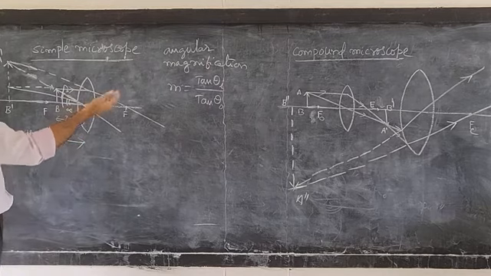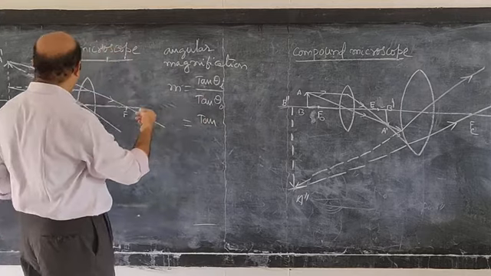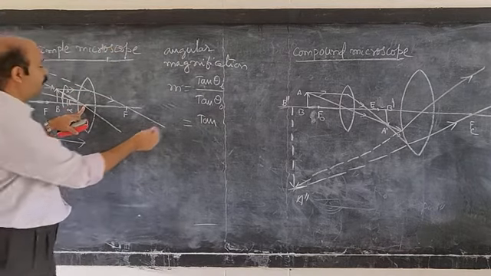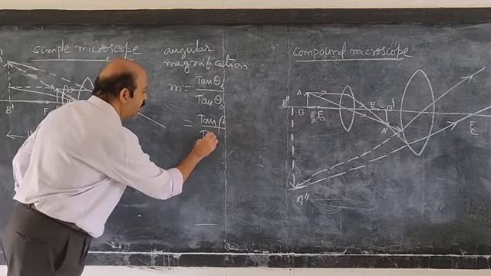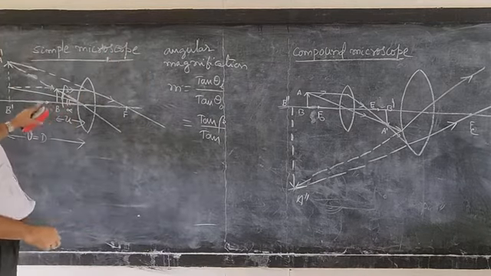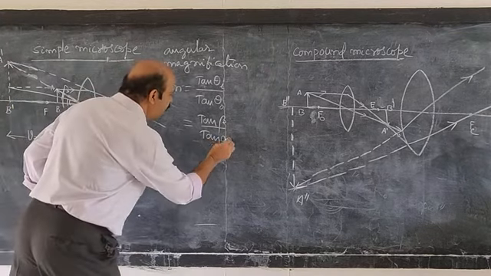So the angle made by the image at the eye is beta, therefore tan beta by tan of the angle made by the object when it is at the image position, alpha.